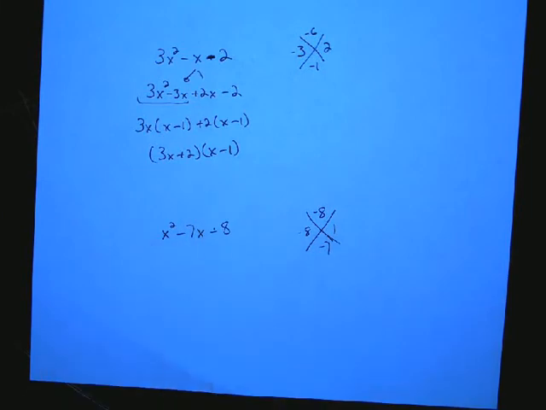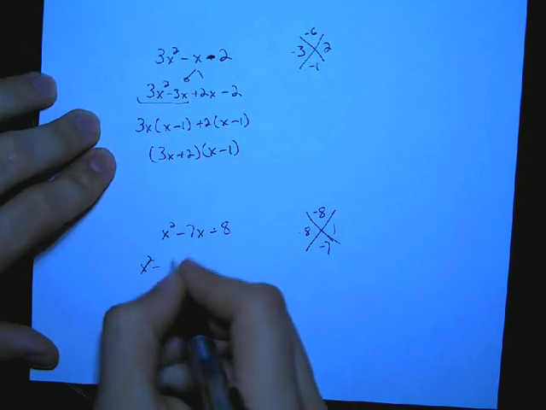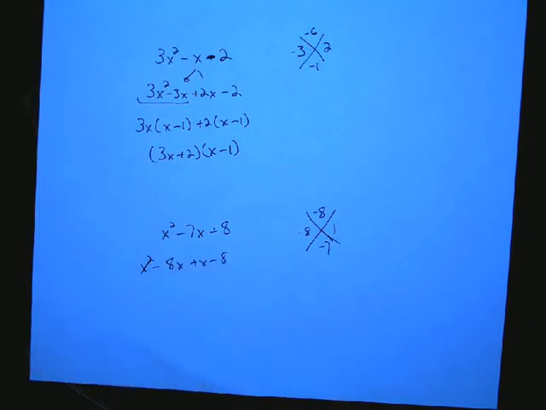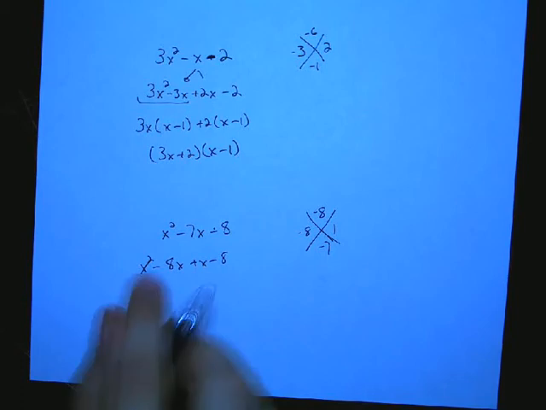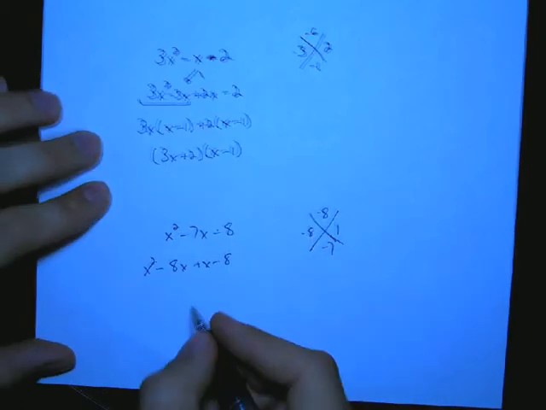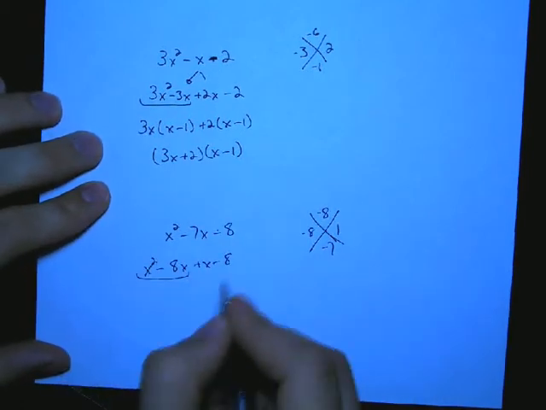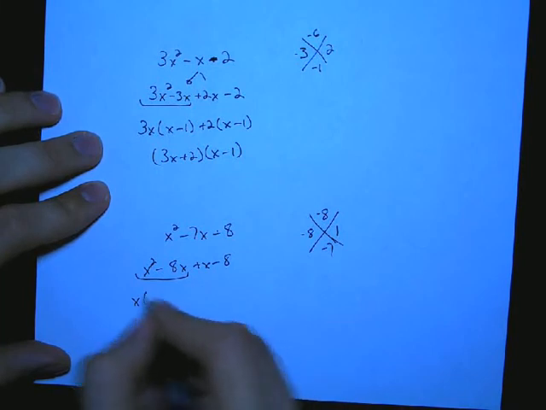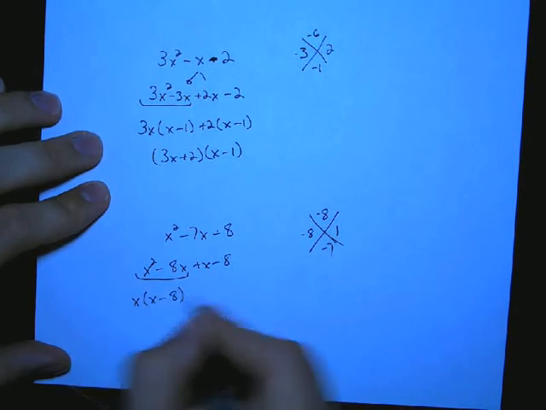We're going to break up that negative 7 just like we did earlier. I've got x squared minus 8x plus x minus 8. You'll notice that this negative 7 is still there. Negative 8 plus 1, negative 7. Grab those first two. They have in common an x. Leaves me an x minus 8.